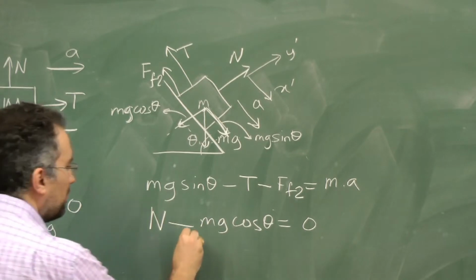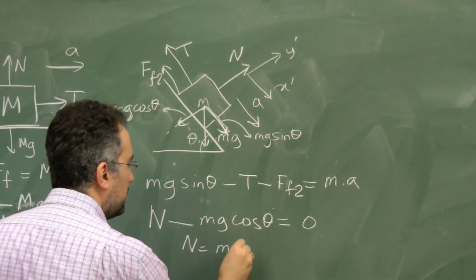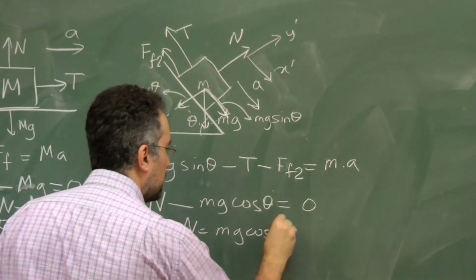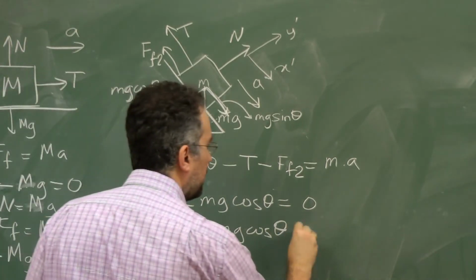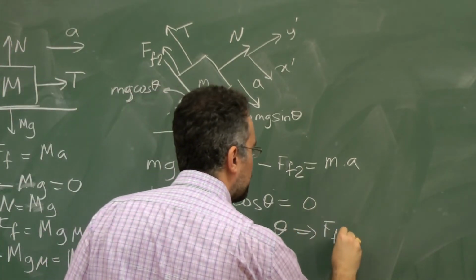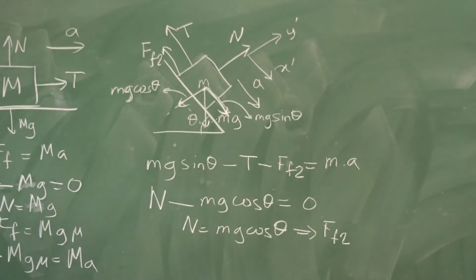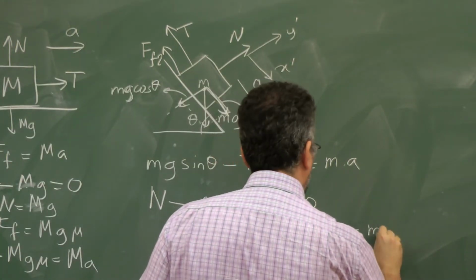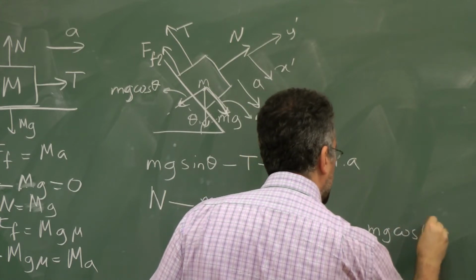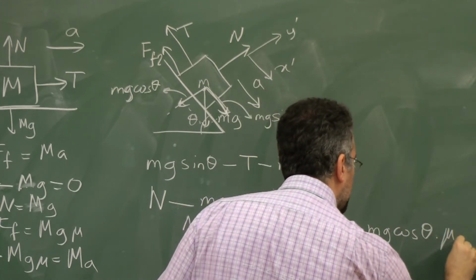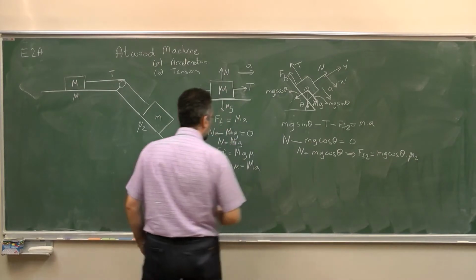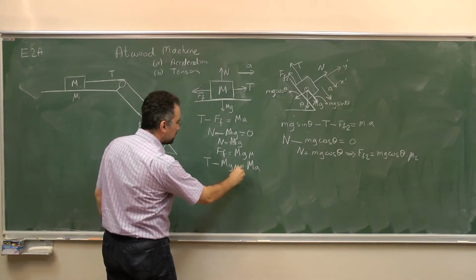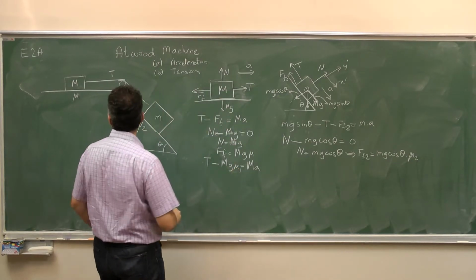So the normal force is mg cosine theta. Therefore, the force of friction number 2 is mg cosine theta times mu2. And over here, I should have said mu1, right?